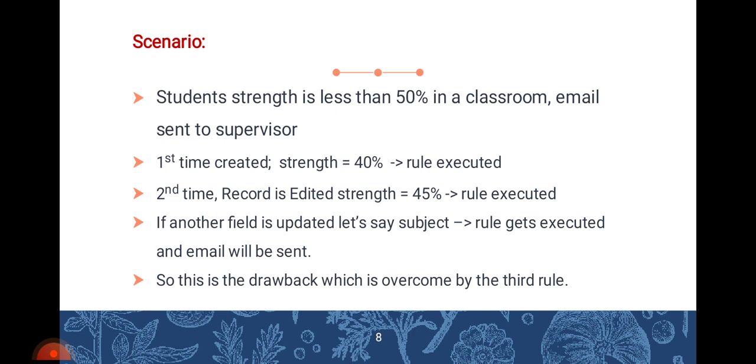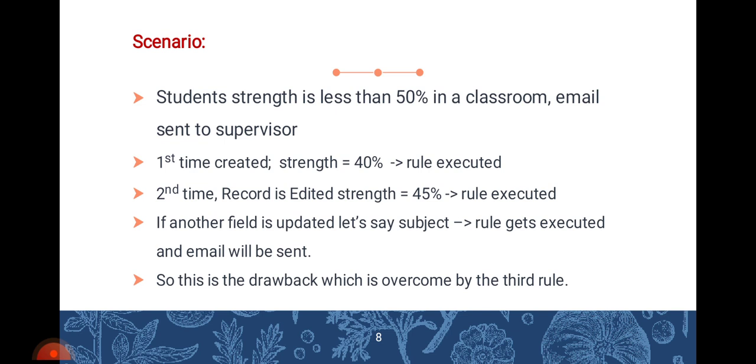Now let's consider the scenario. Student strength is less than 50% in a classroom, so the email will be sent to the supervisor. This is a similar example to the one we considered in the last criteria. The first time when the record is created with strength equal to 40%, the rule will be executed.